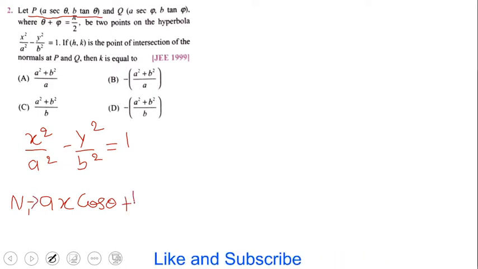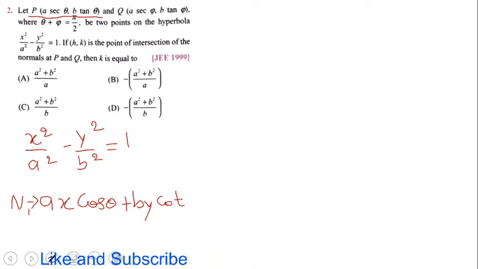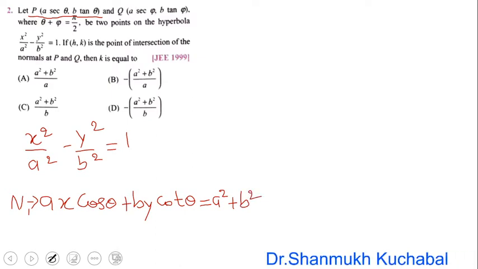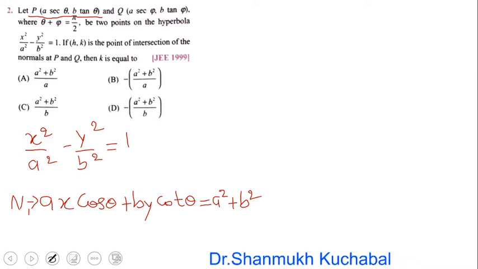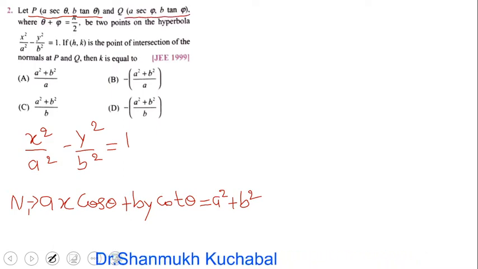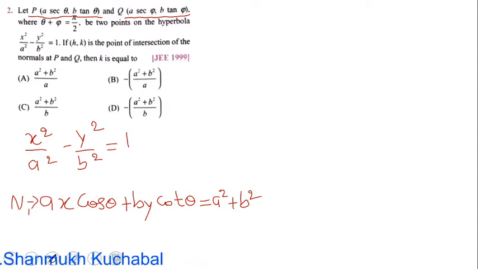plus by cot theta equal to a square plus b square. So this is the first normal, and the second point we have is (a sec phi, b tan phi).